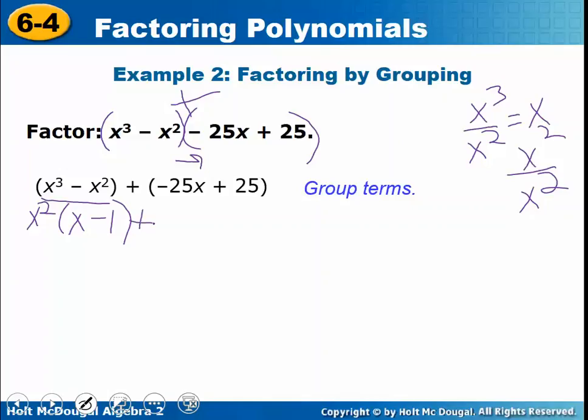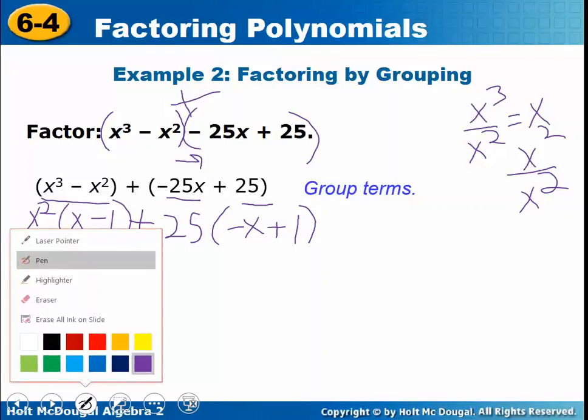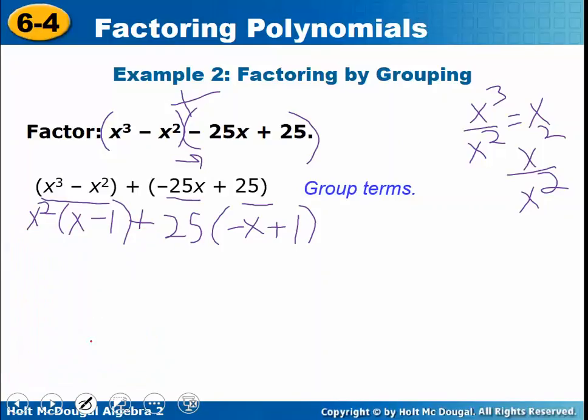So that works. Now in the second set of parentheses, let's see, this one has an x, but the other one doesn't. So there's no x in both, but there's a 25 in both. So we put the 25, and we would get negative x plus 1, not 0, 1. Now these are very close to each other, but they're not exactly the same, and we want them to be exactly the same.